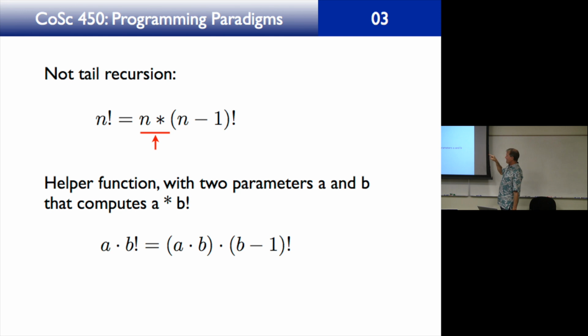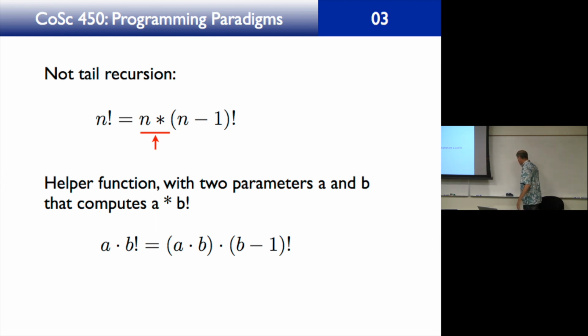If you have a function that computes a times b factorial and you want the function to return n factorial, how do you call the function? What values do you give a and b to make n factorial come out? 1 and n. Why is that?